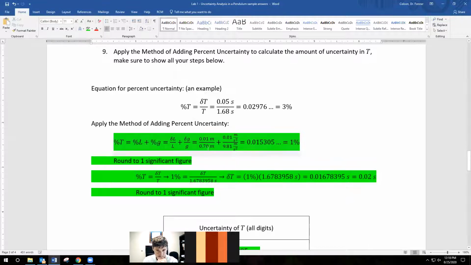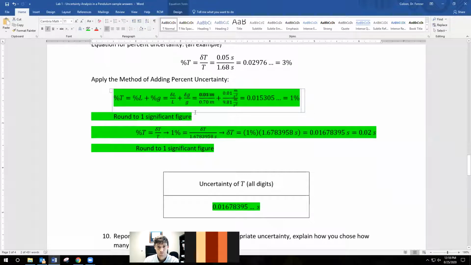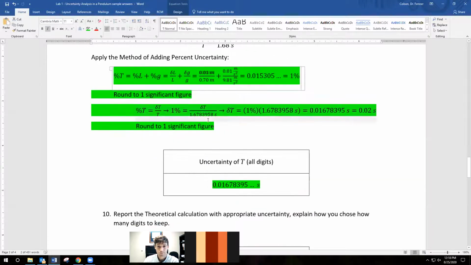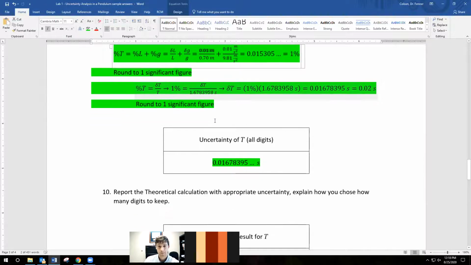So, it's 70 centimeters, which is 0.7 meters, and our uncertainty is 1 centimeter, or what would be 0.01 meters. I've just included the significant figures on there as well.